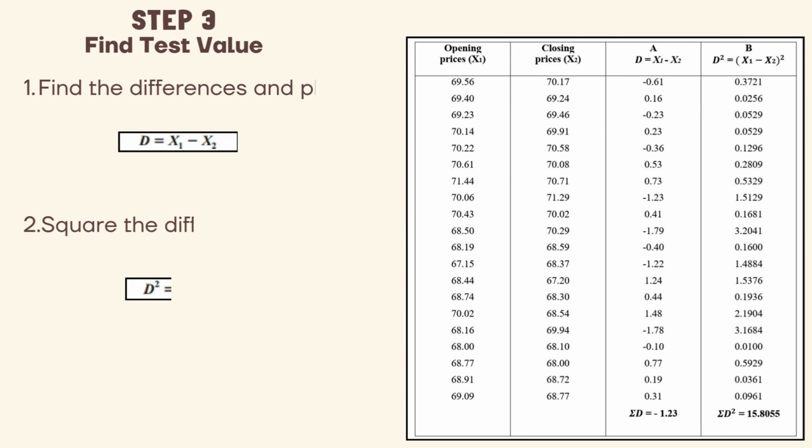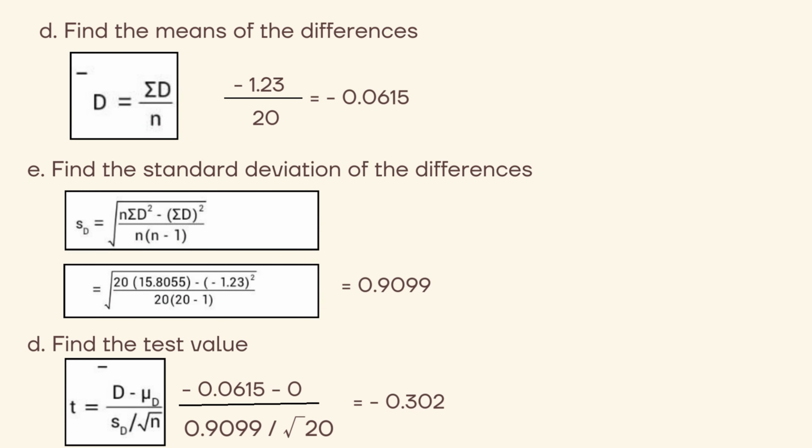To find the test value, first we find the difference between the opening and closing price, then we square the difference to find the standard deviation of the difference. Finally, we find the test value using the formula t equals the mean of d minus mu d over the standard error of d, and we get a value of negative 0.302.